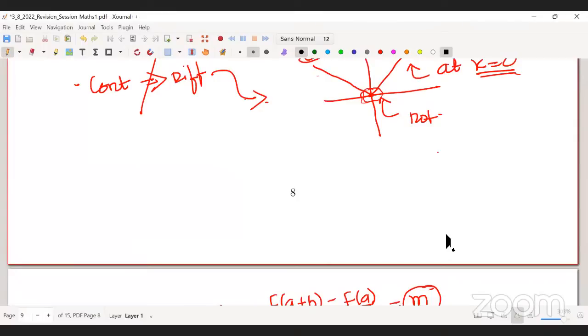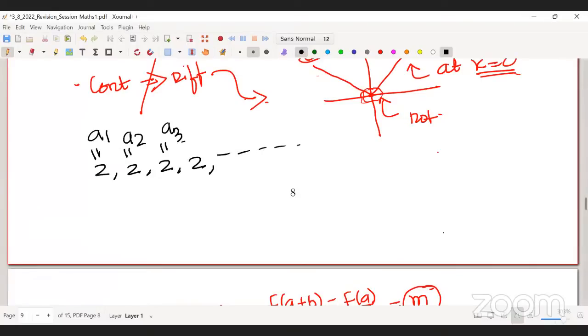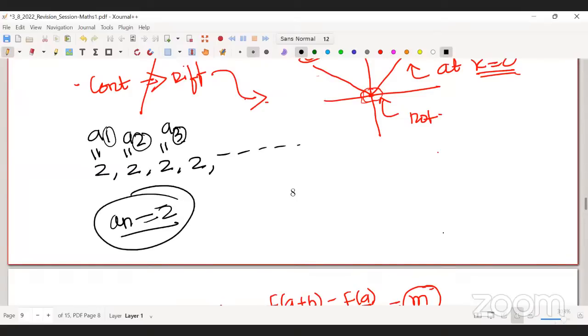It converges to 2 because as n tends to infinity, the value is basically 2. So this is A1, this is A2, this is A3, and as you increase n, the value is 2. So this is a convergent sequence.